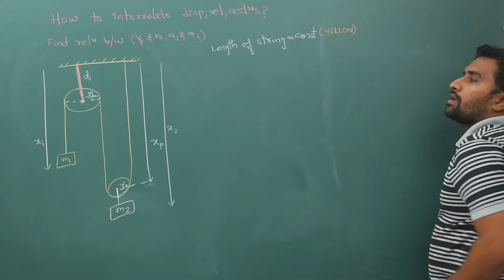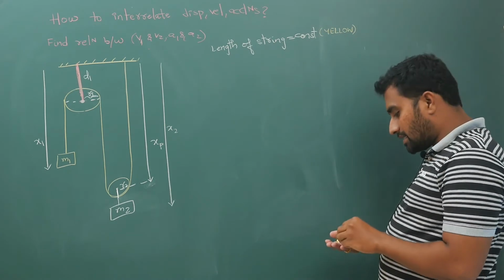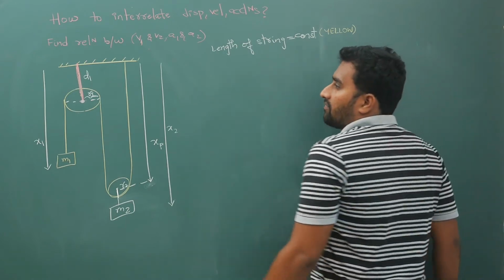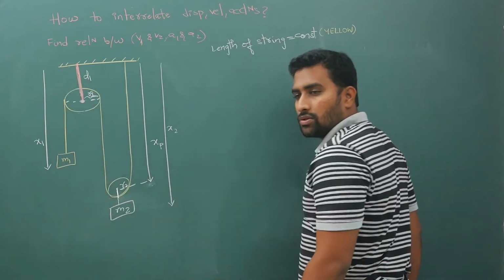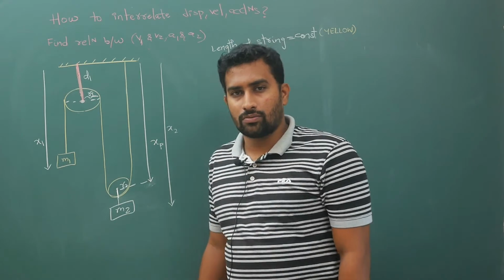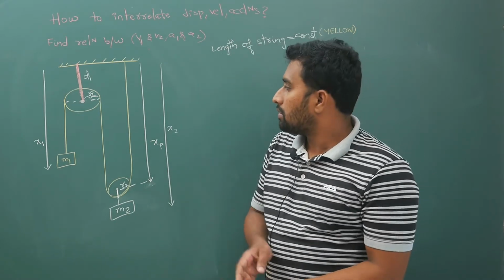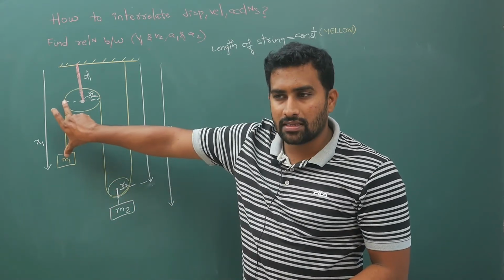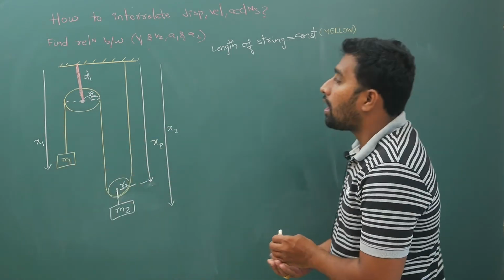If I consider the yellow part, from here to here, should you take the length? No. Only this part is your length, this side. How much is it?